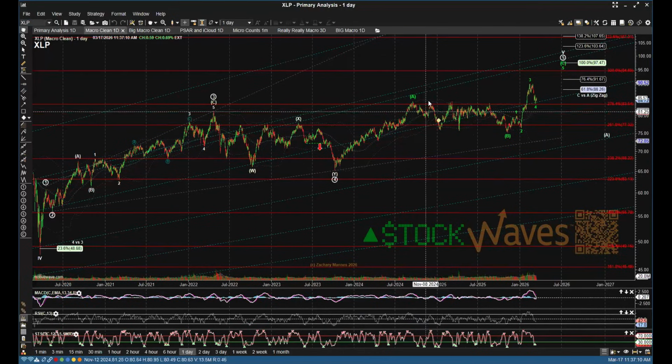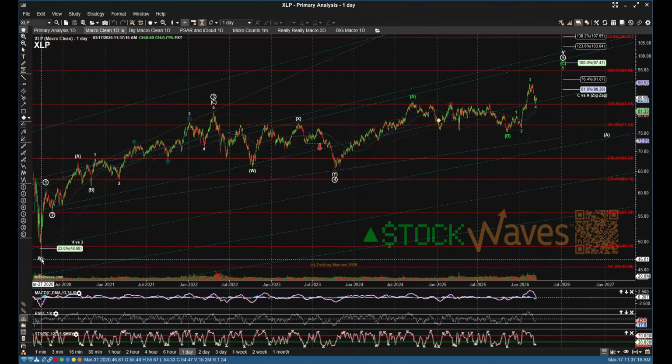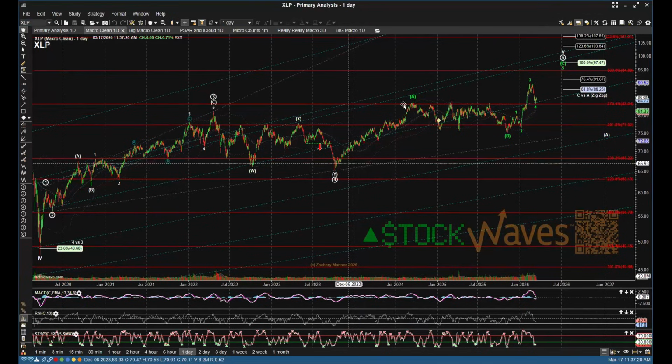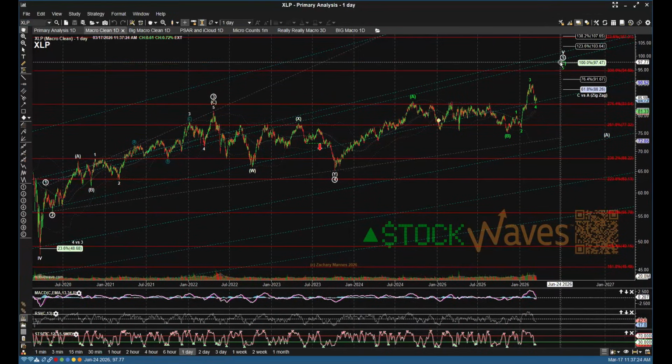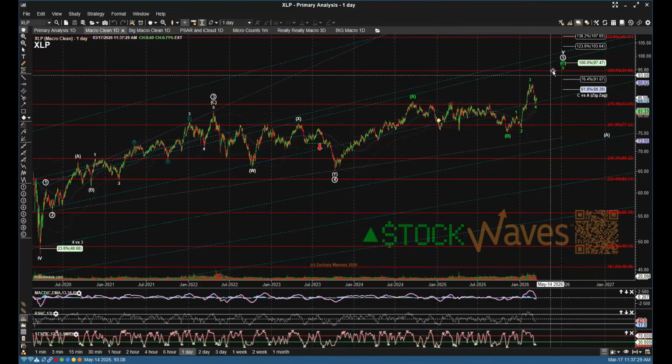So XLP, again, has a higher high over its primary wave 3 inside a larger cycle degree wave 5 off the 2020 low. But this higher high can count as just a larger A wave. And indeed, we're filling out as a possible C wave that allows for at least one more high here.